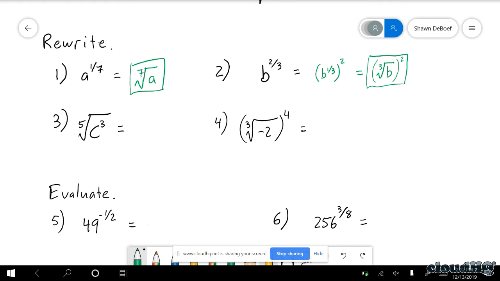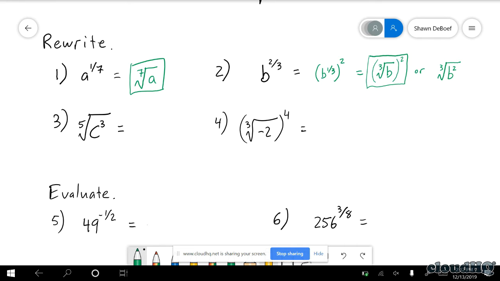There is an alternative way to do that square. Instead of putting the square outside, you can put the square directly on the b. That would be fine too. So you can think of it as the cube root of b squared instead of the cube root of b, quantity squared.